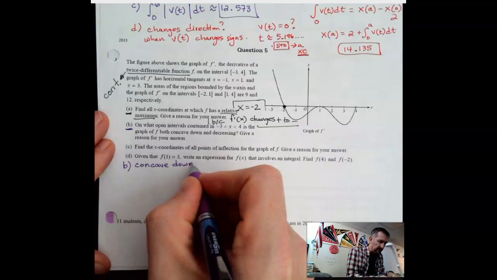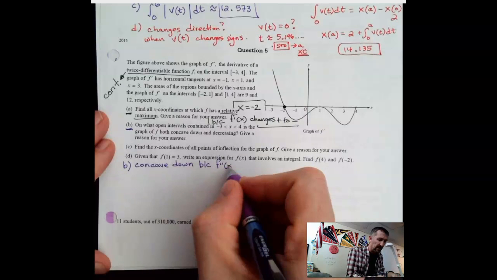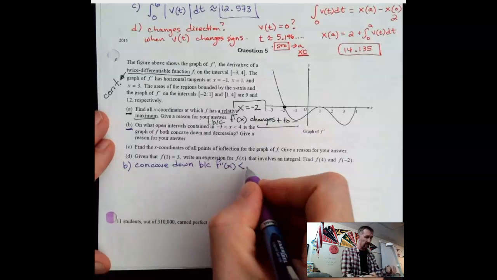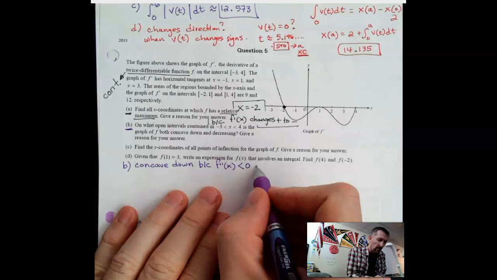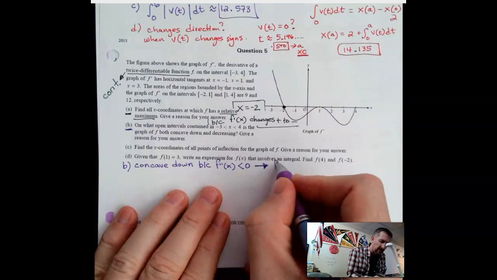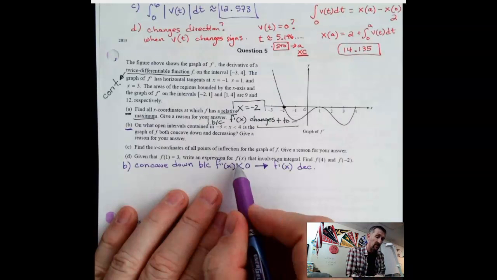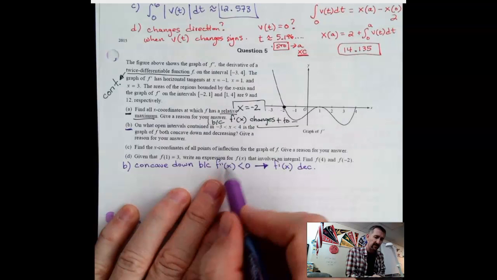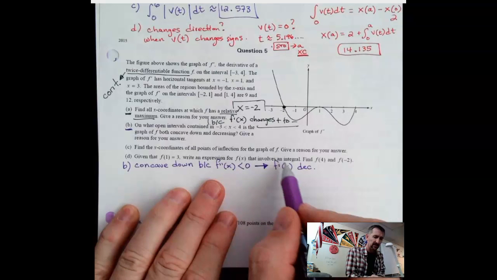So concave down is because f double prime of x is less than 0. Now, when is that going to be less than 0? That's going to be less than 0 when f prime of x is decreasing, right? Because that's the derivative of that. So when the second derivative of f is negative, the first derivative of f is decreasing.